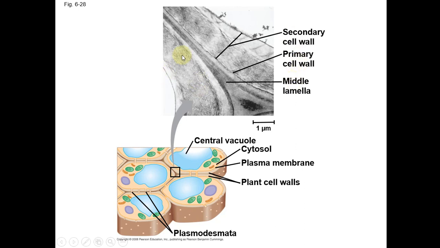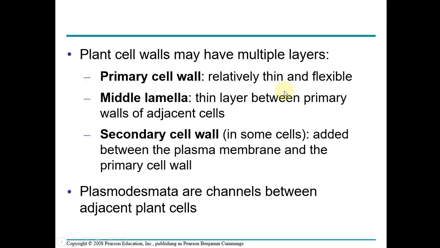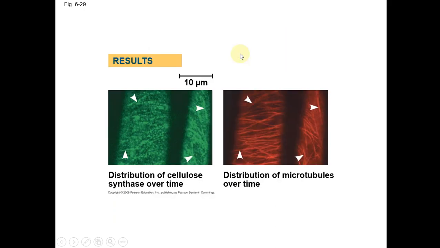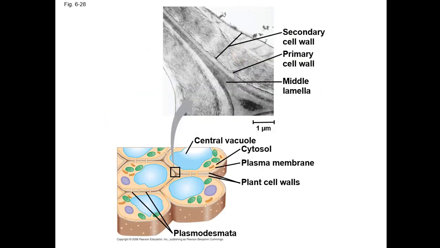So ito is one cell, another cell, the middle lamella is between the primary walls of adjacent cells. Okay, so we have primary, middle lamella, and secondary, yung sa loob or sa ilalim ng primary wall, and this is connected via plasmodesmata, yung mga pores in between. Okay pa.